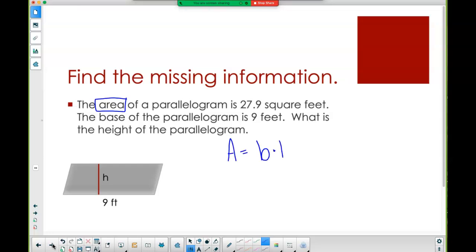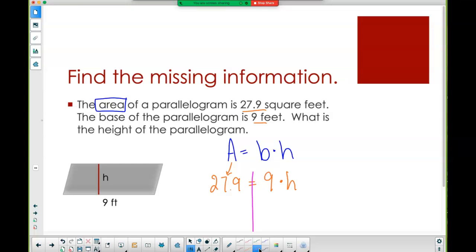Area equals base times height. Okay, now I'm going to replace the letters with numbers. Do I know the area? Yeah, it says the area is 27.9. So 27.9 equals, do we know the base? It says the base is 9. Do we know the height? No, that's what we're trying to find. So 9 times h.